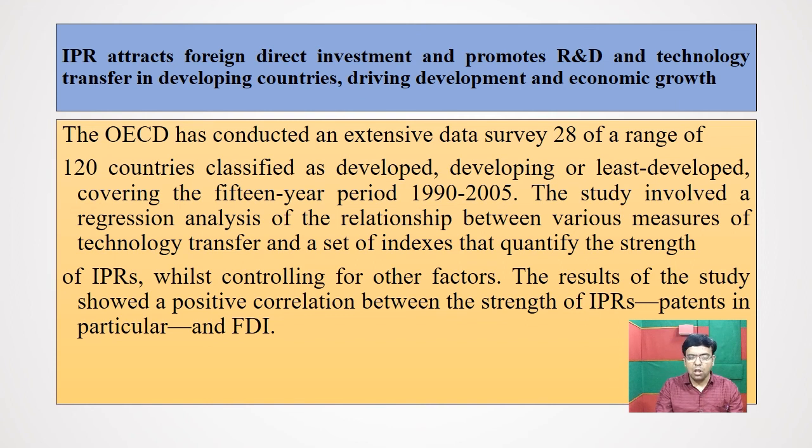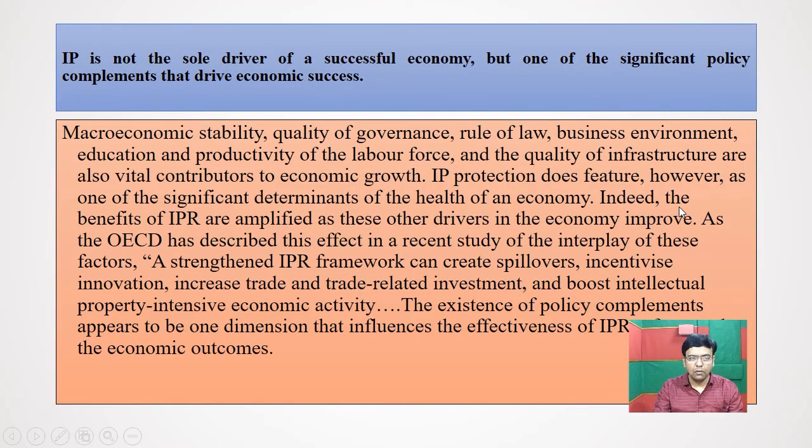The results of the study show a positive correlation between the strength of IPR, patents in particular, and foreign direct investment. IP is not the sole driver of a successful economy, but one of the significant policy complements that drives economic success.